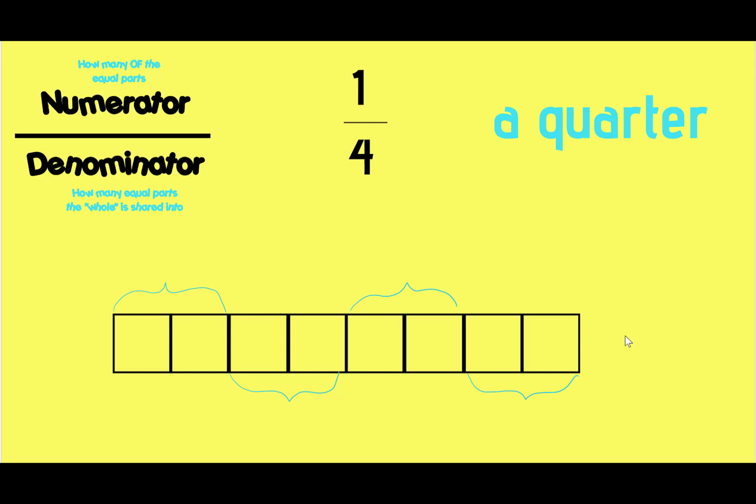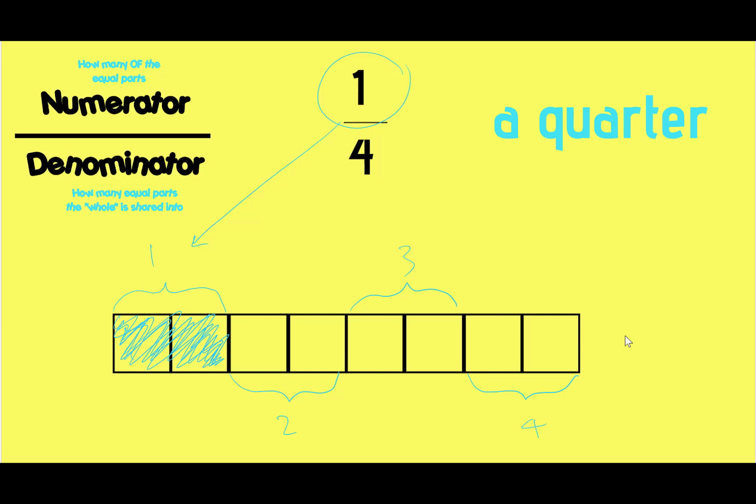Okay, as long as you have your 4 groups and they're all equal, they've all got the same amount of squares in each group. Just check I've got 1, 2, 3, 4 groups. I'm just looking at one group. So I'm just identifying one group. And now I've identified one group, I have found 1/4 of my row.